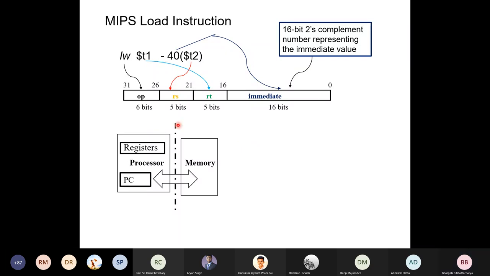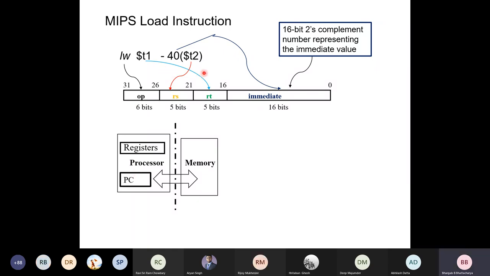Each address comprises 32 bits. So a 32-bit address has to be passed from left to right. And then this instruction has to be fetched from memory. What is the length of this instruction? Again 32 bits. So now 32 bits will pass from right to left. So the instruction has been brought into the processor.